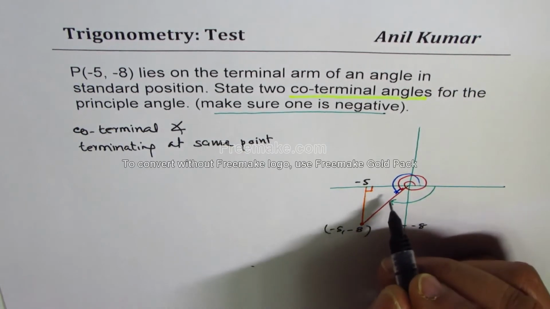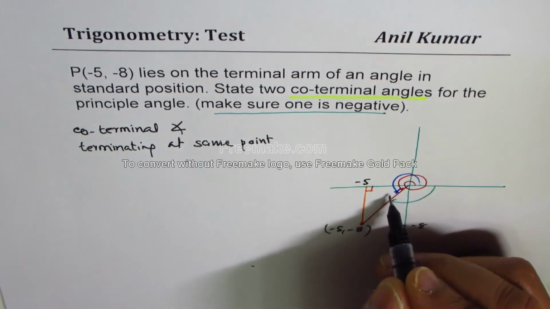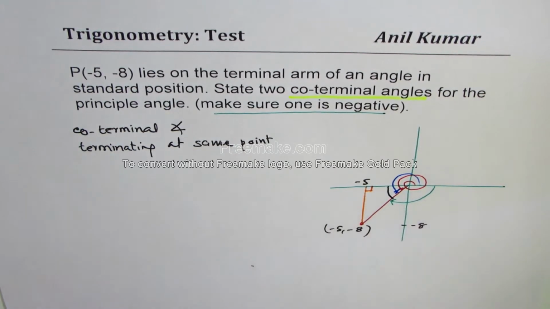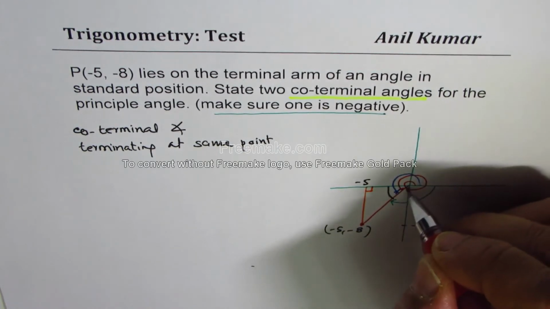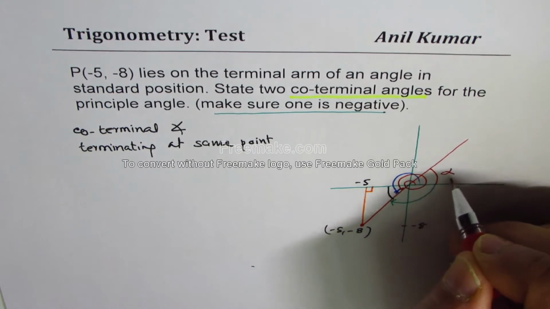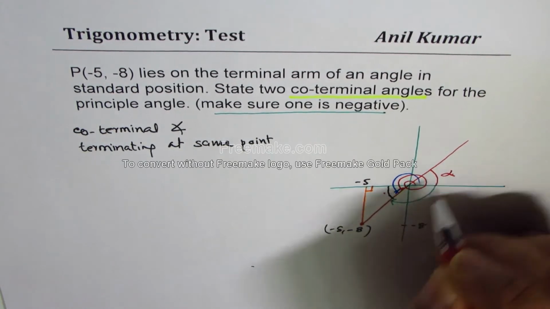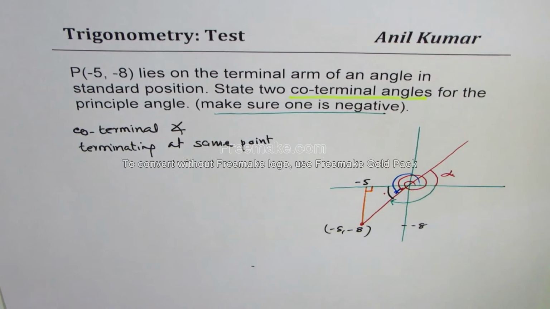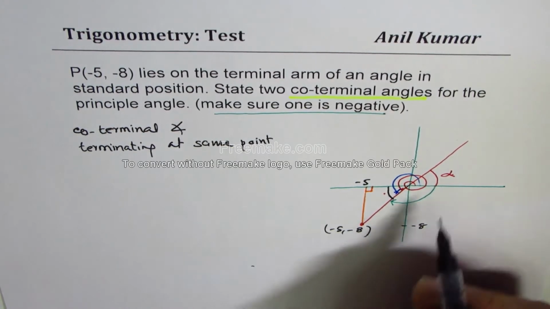So now what we will do here is we'll find a related acute angle. We'll find this angle first. Now this angle basically is the same as, if I extend this, the angle alpha. So this is the same as alpha, correct? So we'll find the acute angle alpha from this situation.